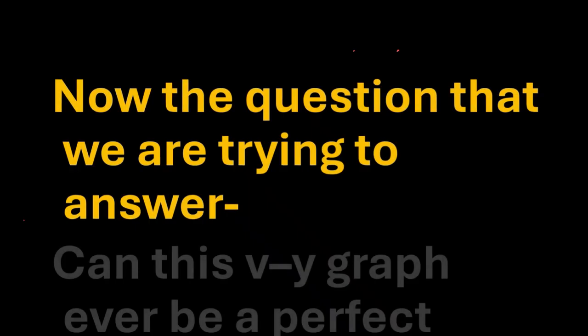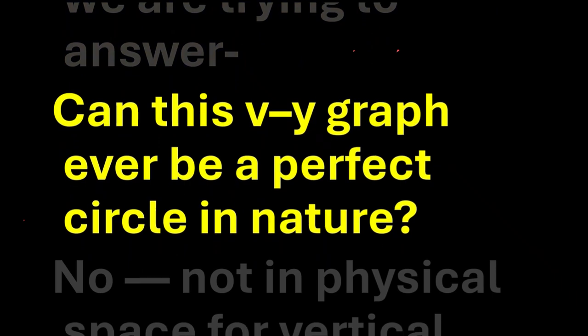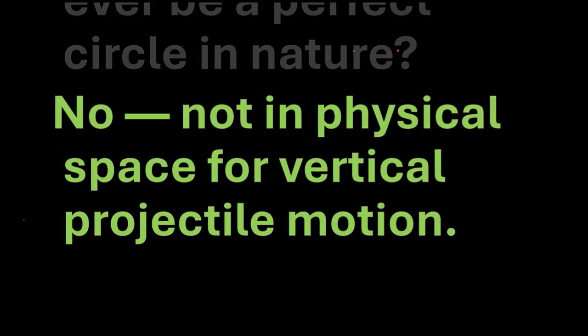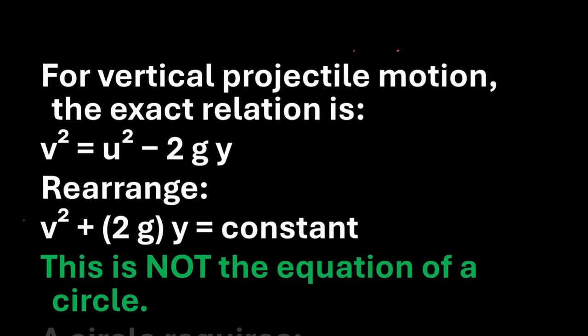the actual question is, can this velocity displacement graph ever be a perfect circle for a vertical projectile? Not possible in physical space for vertical projectile motion. Why? Because for a vertical projectile motion, the displacement relationship is v square is equal to u square minus 2as.